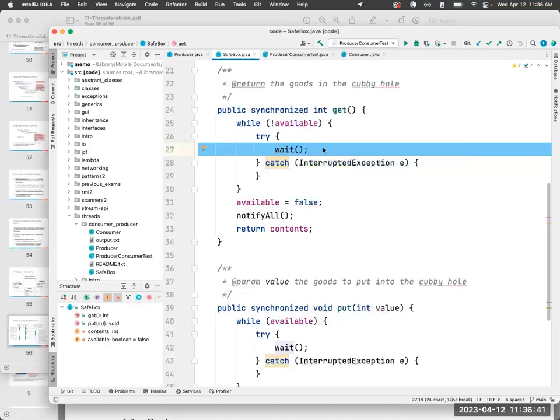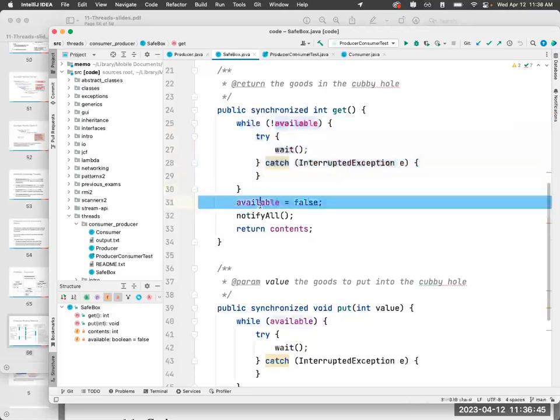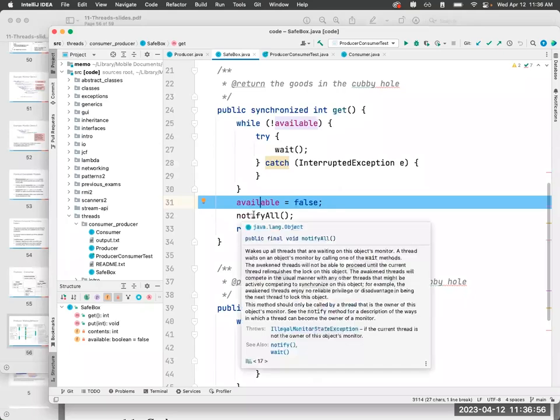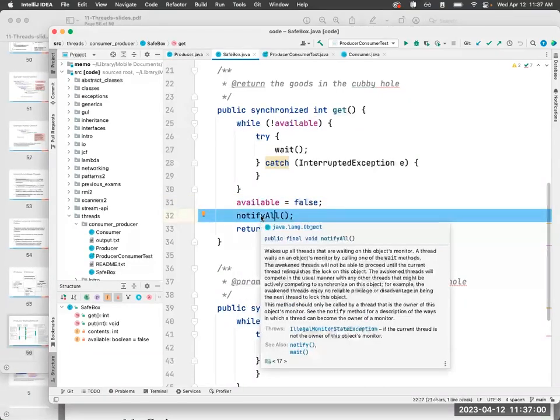When that happens, you would be just leaving this whole while block here, then you would update the available flag, right? Because you don't want the next thread to call get and be able to bypass that while, right? And then you would be notifying all the other threads. So you would be first letting other threads, if they are of the other type, so the get would be run by the consumer threads, right?